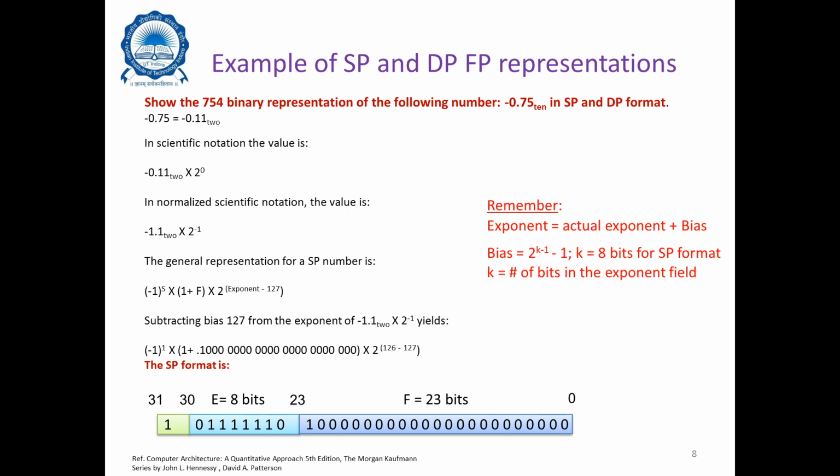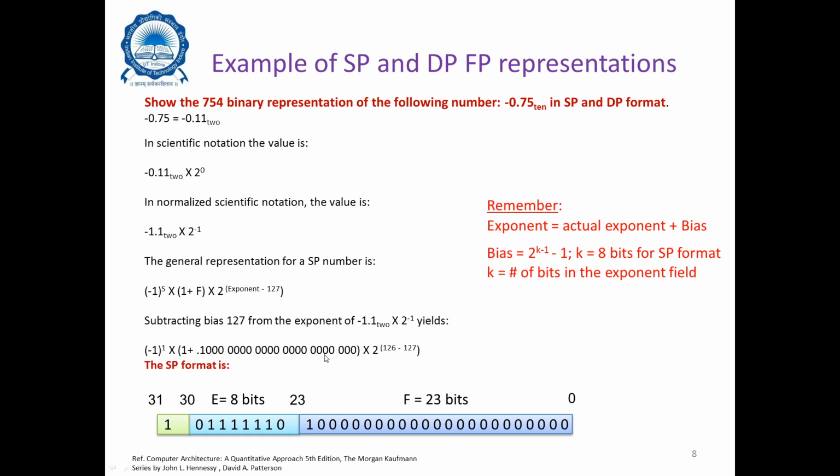So now, minus 1 to the power 1, because it's a negative number, so the sign bit is 1, so therefore s is 1, times 1 plus f, the fraction part. The fraction part that you already saw is 0.1, right? So if you just put 0.1 and all the remaining bits will be filled up until you have 23 bits in total.